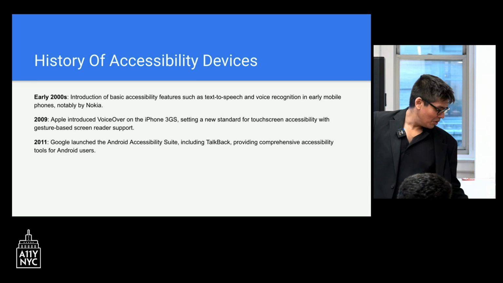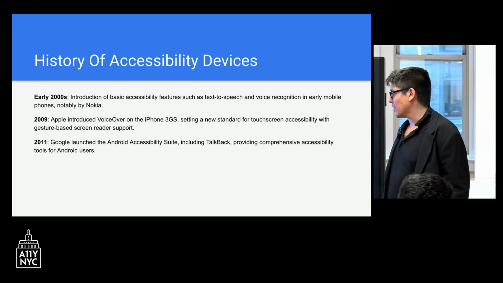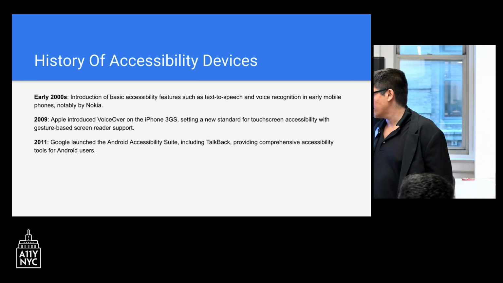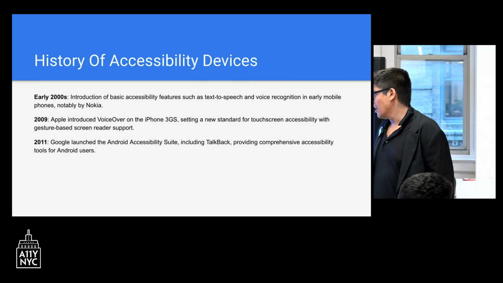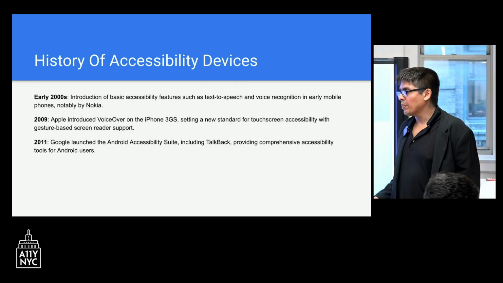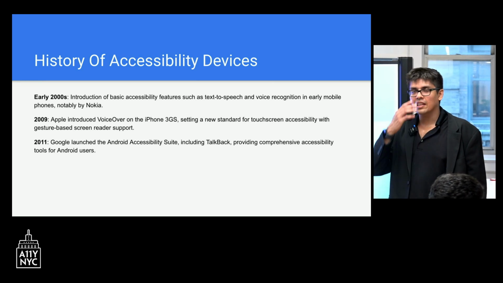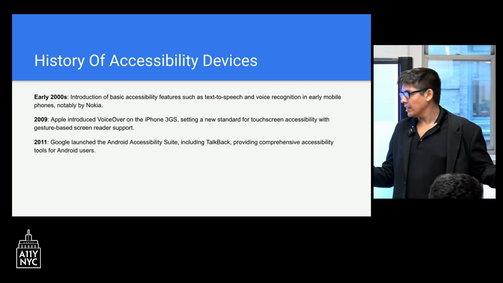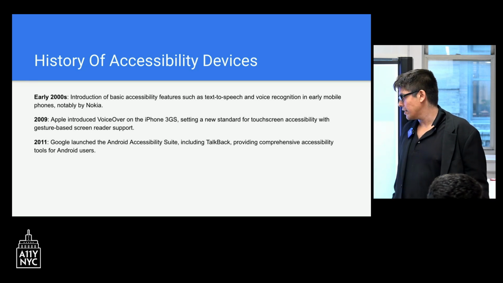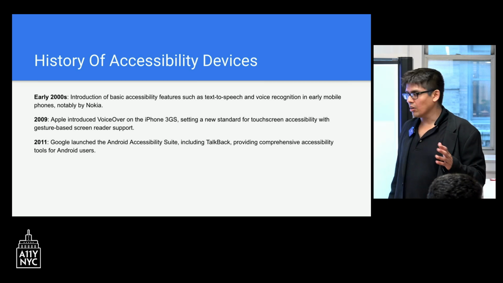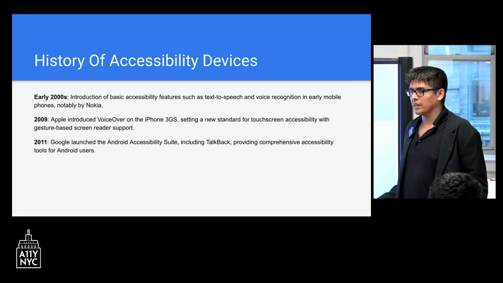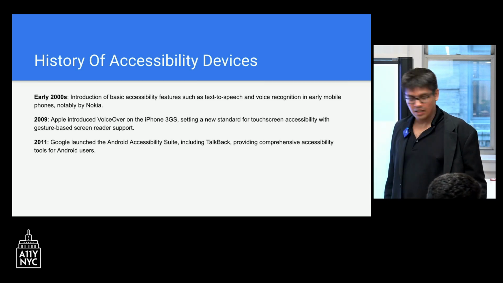Android started in 2011 providing TalkBack and other accessibility tools, including a lot of comprehensive accessibility options. The difference with Android is that the operating system is very sparse and bifurcated, and there are many different Android devices, so it took a while to unify the Android accessibility options across all the devices.